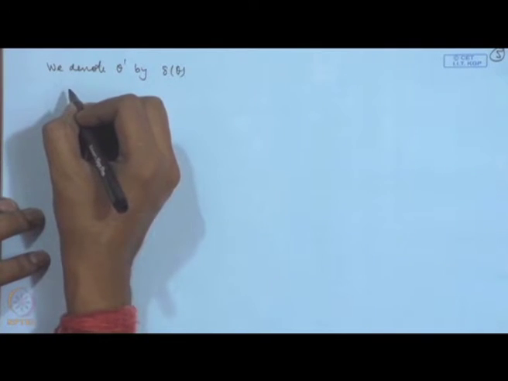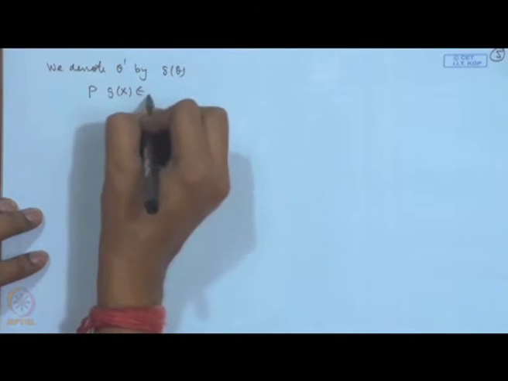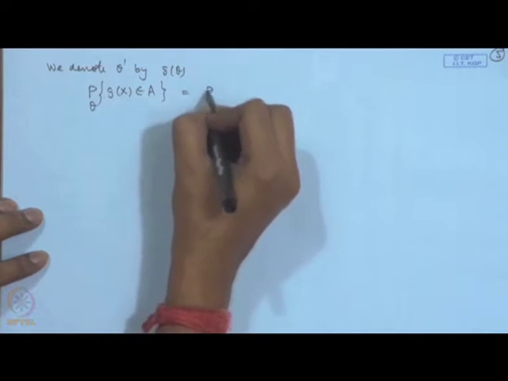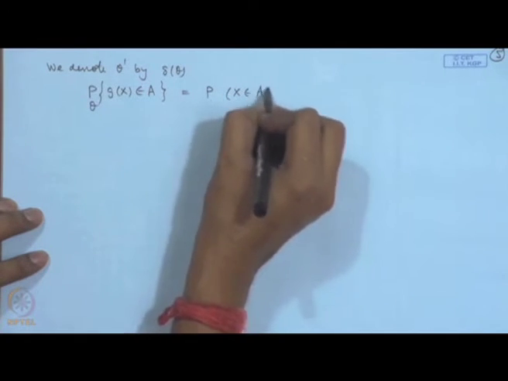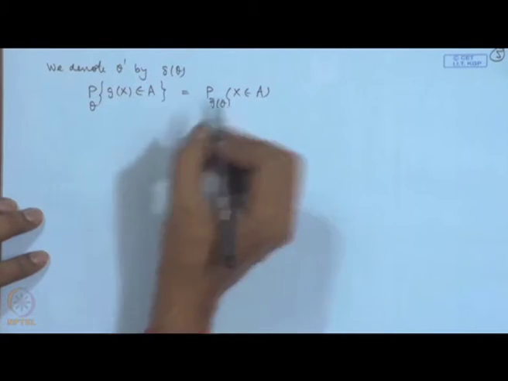So, what we are saying is essentially that the probability that g(X) belongs to A when theta is the true parameter value is the same as the probability of X belonging to A when the true parameter value is g bar of theta.